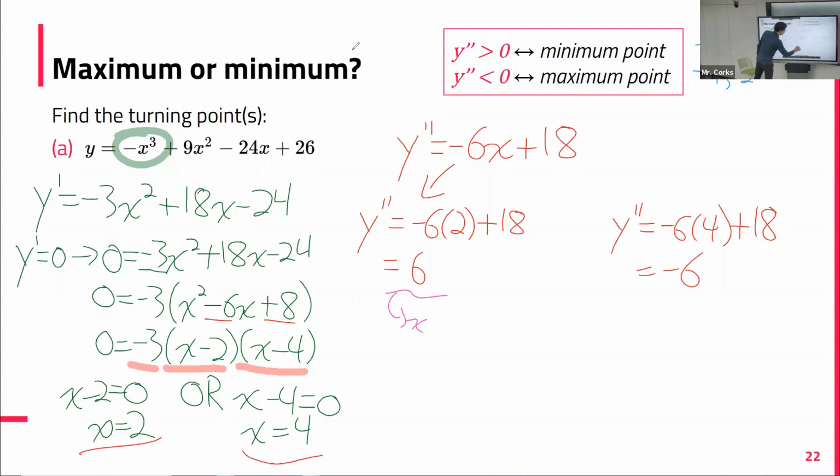So x equals 2 is a local minimum. And then the other one here, this is a negative value, and we said if y double prime is less than 0, we have a maximum point at that spot.